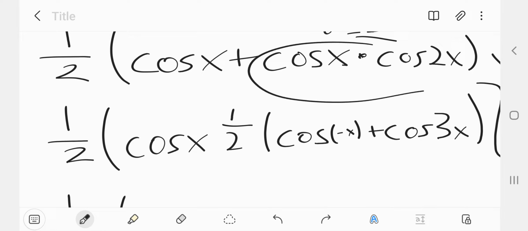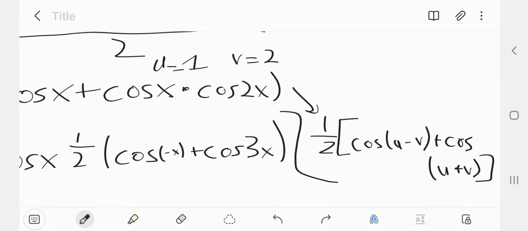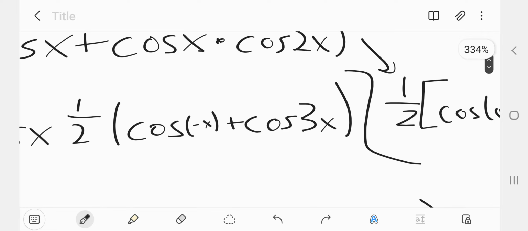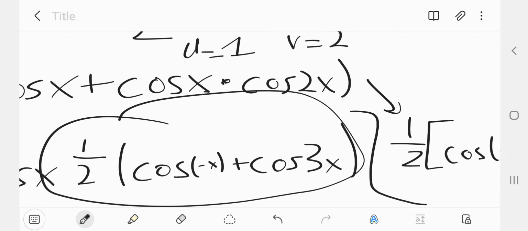So do we do 1 minus 2? One minus 2 we know is negative 1, so it's going to be cosine negative x. Then u plus v. So then we're going to do 1 plus 2, which gets us 3. So now we have this. So we were able to break apart this multiplication into this sum here.